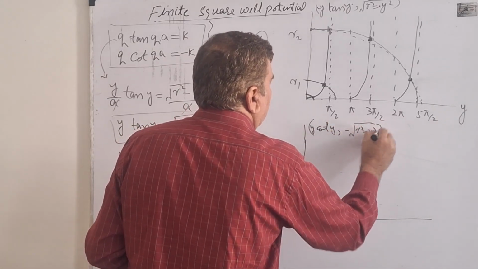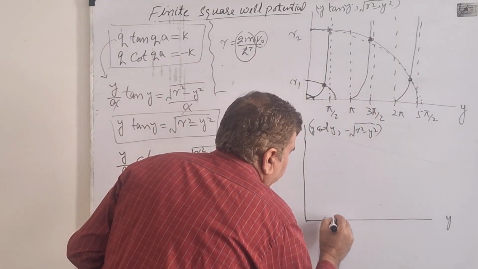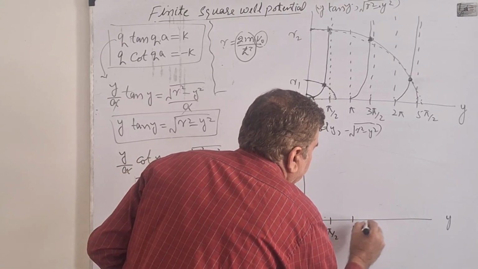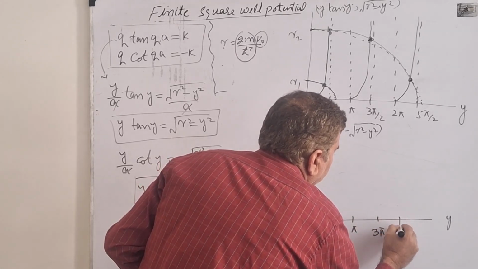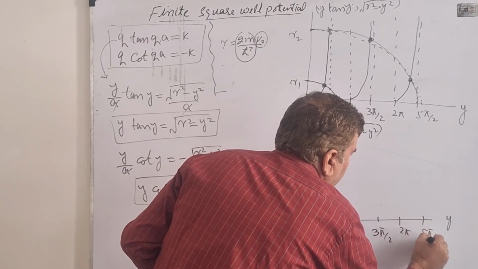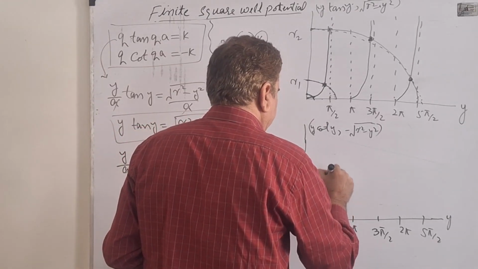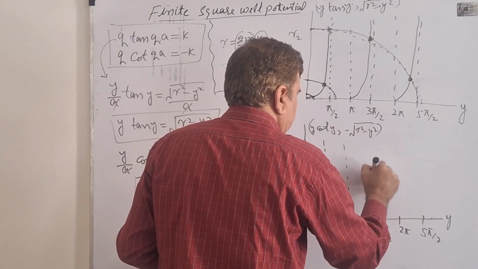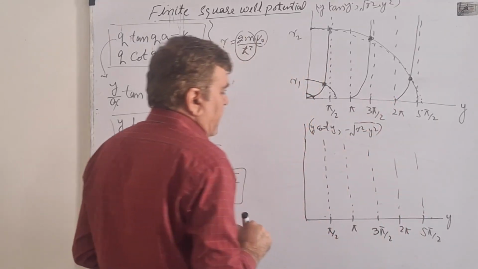I would plot these along the vertical, and here I would have y, and then pi by 2, then pi, then 3 pi by 2, then 2 pi, and then 5 pi by 2, and so on. I again take vertical lines like this, like this, like this.